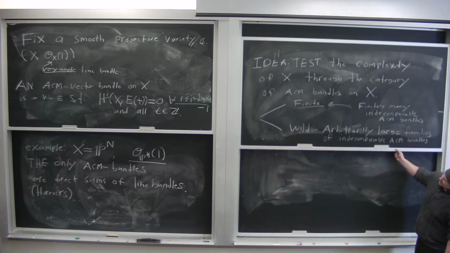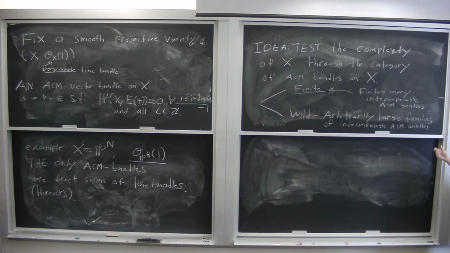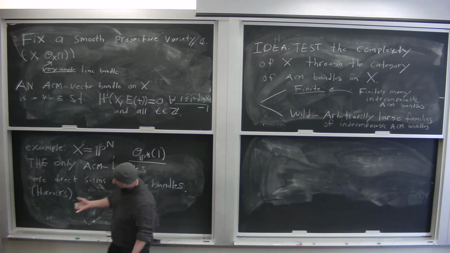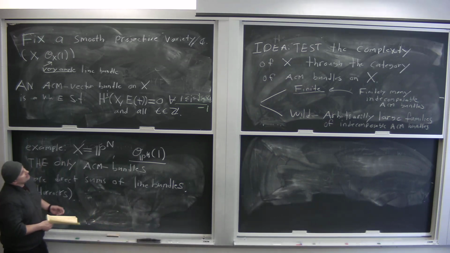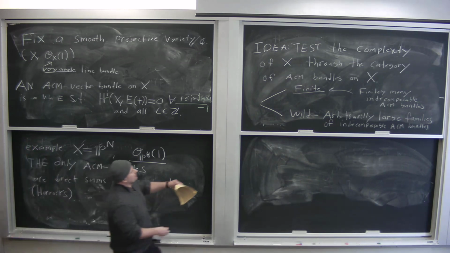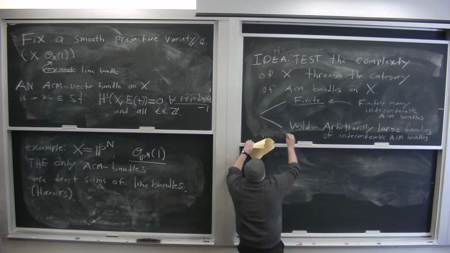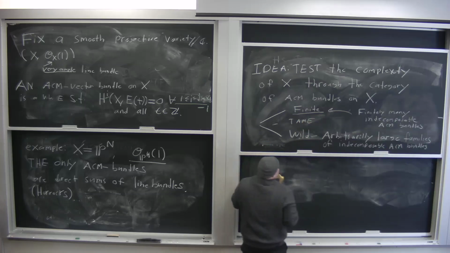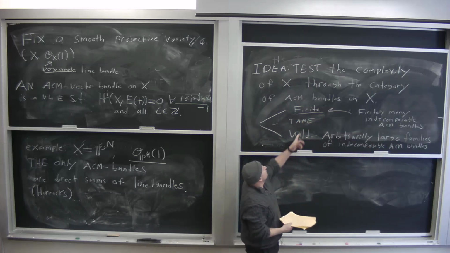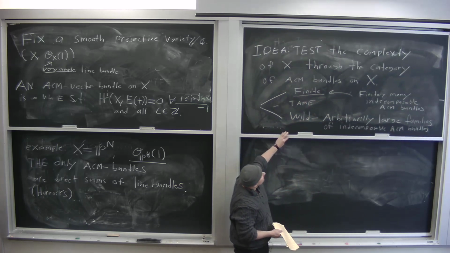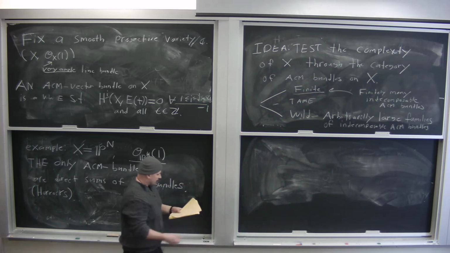So this is the perspective that if we have a lot of ACM bundles on there that are indecomposable, we can't break them up into direct sums of line bundles. And then this is the wild type, and maybe in the middle I could have something tame, or maybe you have a discrete family of ACM bundles. Okay, so this is the idea.